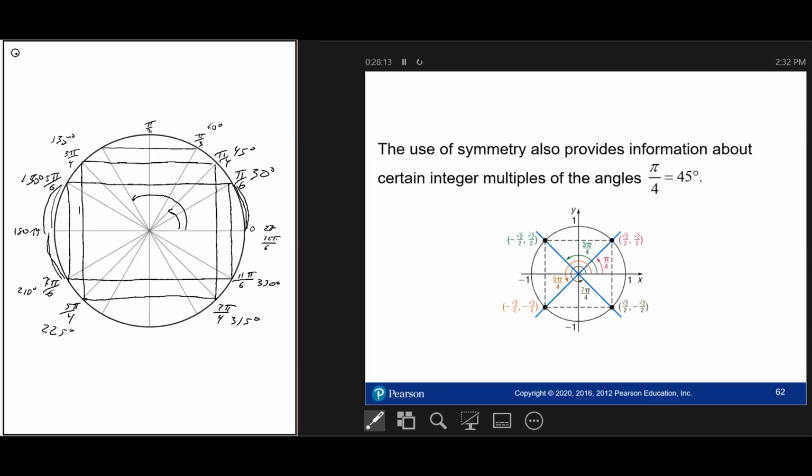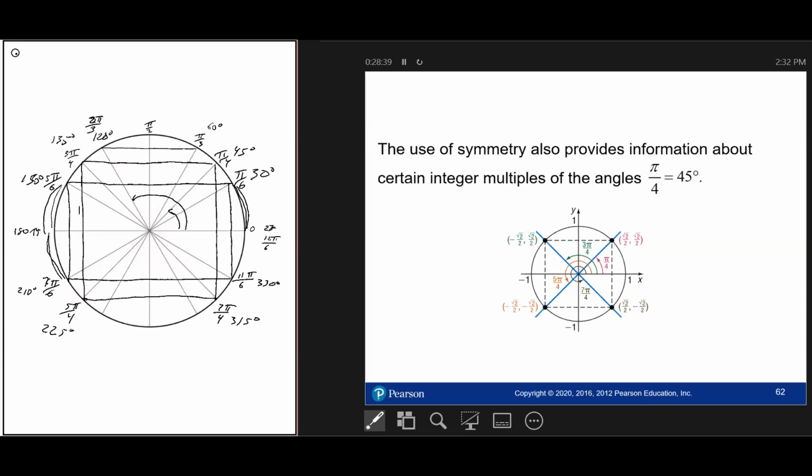So those are done similar to the way the 30 degree ones are. I have 60 less than 180, so this is going to be 120, or 2 pi thirds.